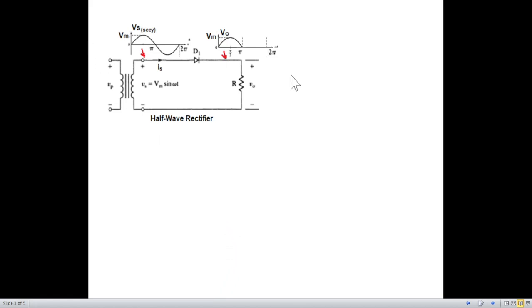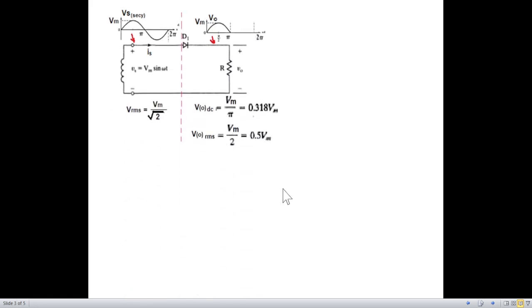Okay, now if you look at this diode, we have the AC signal applied, and after this diode, this becomes only one-sided, pulsating DC. If we draw a line across the diode and divide it into two parts, this part will have VRMS here, and this VRMS can be written as V maximum divided by under root 2.